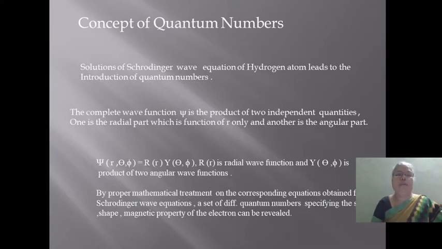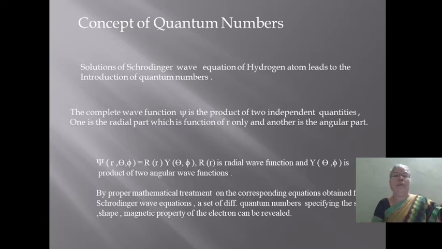So, welcome students to the 7th lecture of elementary quantum mechanics, and today's topic is the concept of quantum numbers. We have already derived the Schrödinger wave equation, and it consists of two independent quantities: one is the radial function, and another is the angular function or angular part.